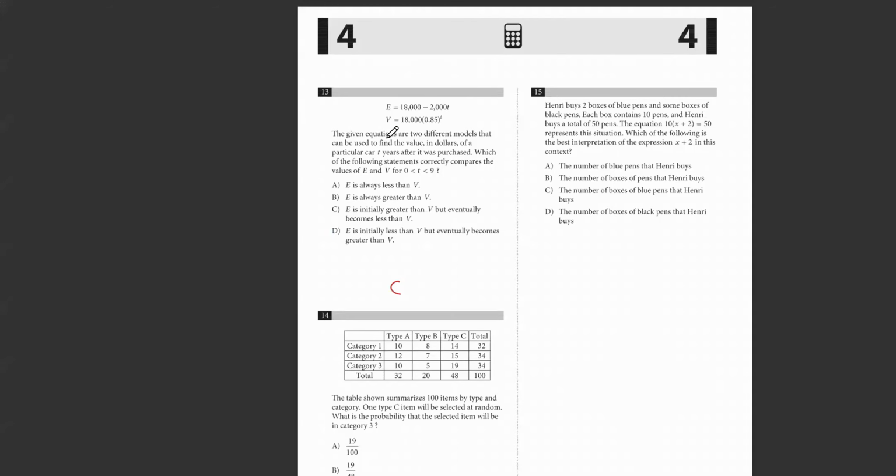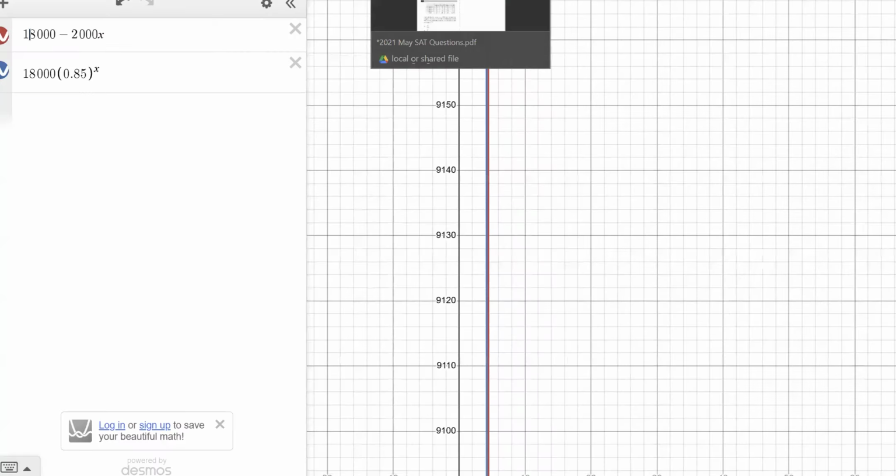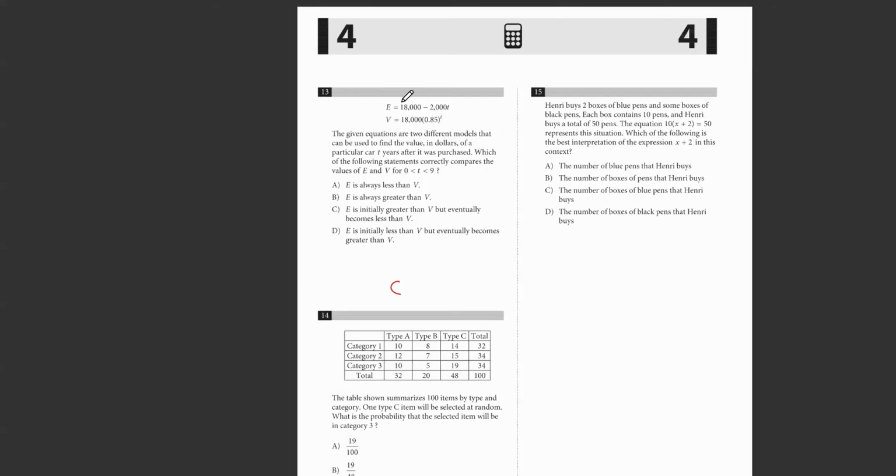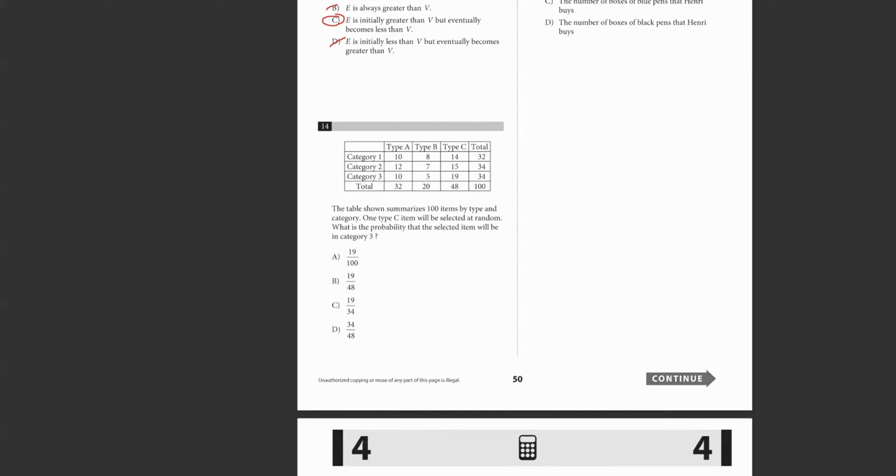So in that case, the red function is E. So E is initially larger than V, but at some point the V function eventually becomes bigger. So the correct answer is C. Okay, question 14.